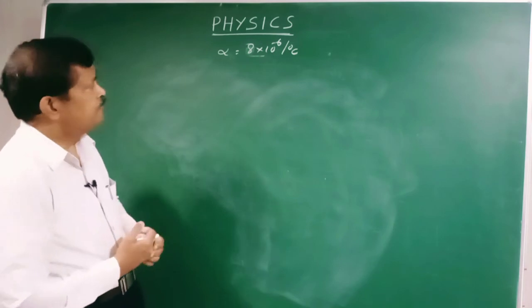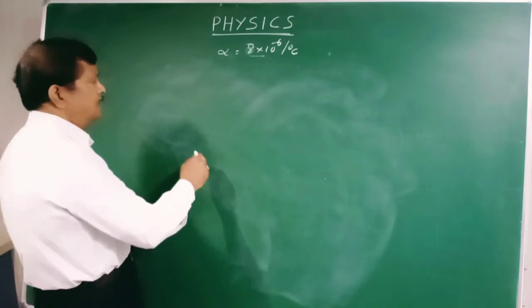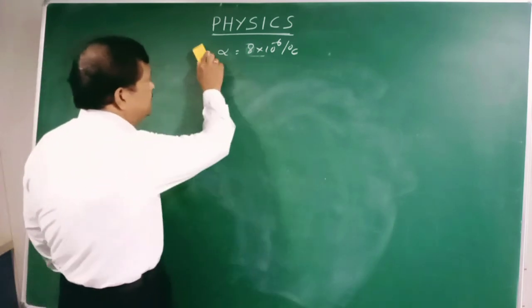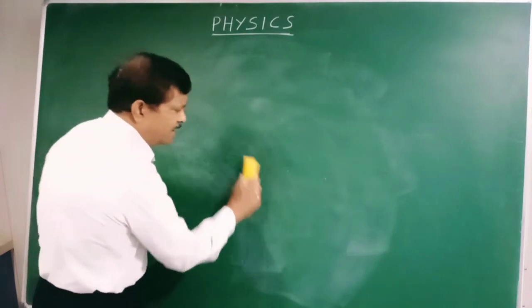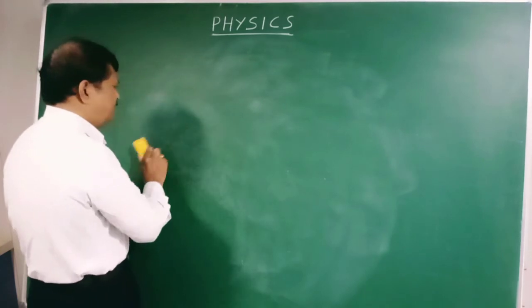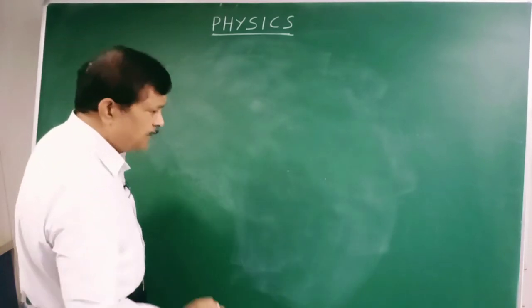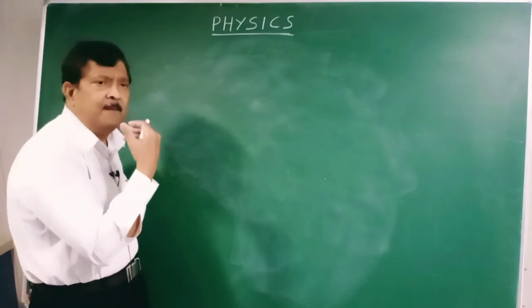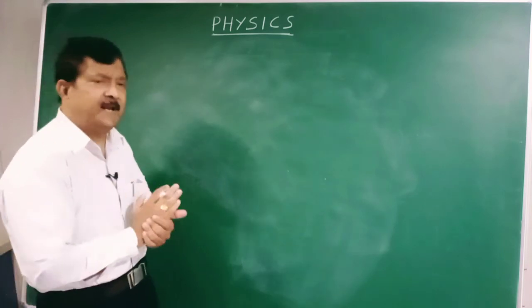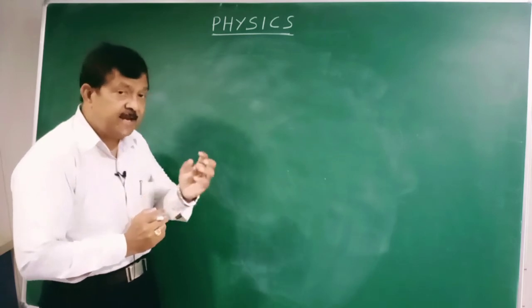Let us consider an application like this. Suppose when you are increasing the volume of a body because of a change in temperature, there will also be a change in the density.